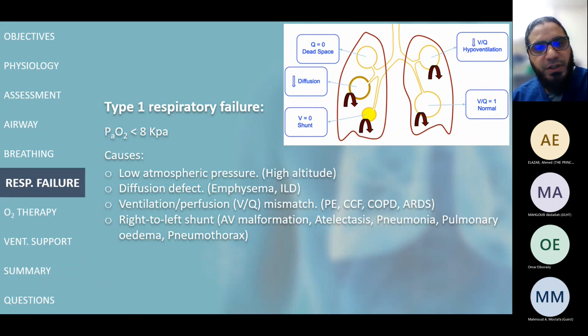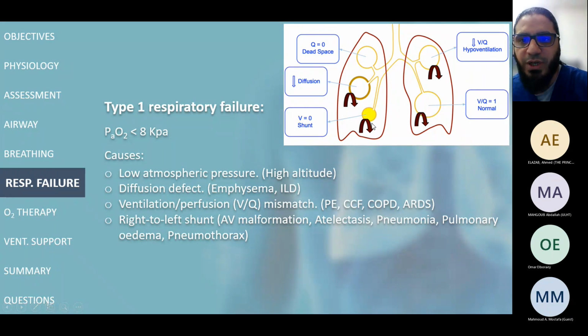If you have a defect in the diffusion, like the alveolar capillary membrane has a defect, like if it's destroyed by emphysema or it's fibrosed in interstitial lung disease, this will cause type 1 respiratory failure. If you have a look at this picture, you will understand the VQ mismatch and the right to left shunt. I'm not sure if you can see my cursor, but this alveoli in the right upper lung is well ventilated, but you can't see any blood going through.